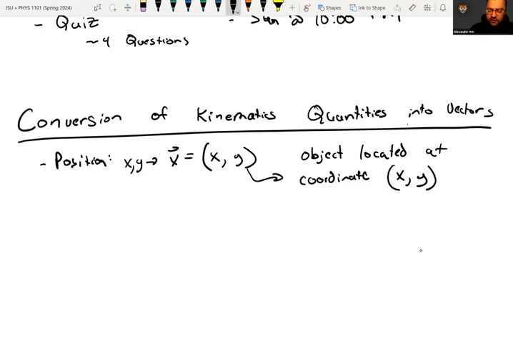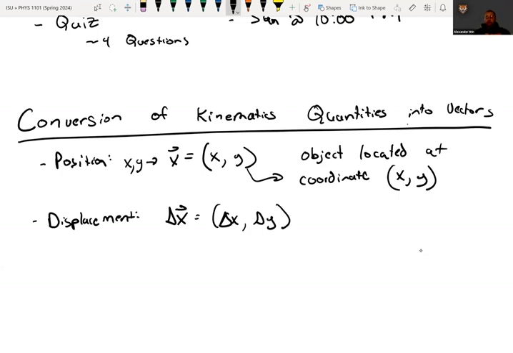A more common vector that you'll use is displacement. Again, in vector form, this should be delta x, and you will have a change in your x and a change in your y. So both of these things are included in displacement.